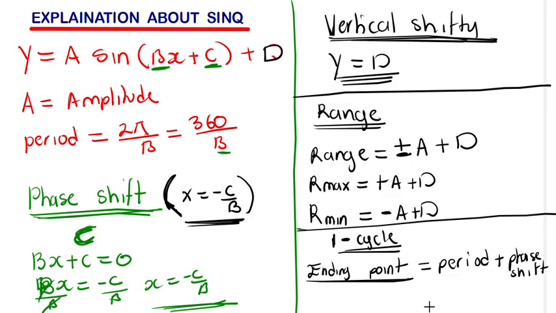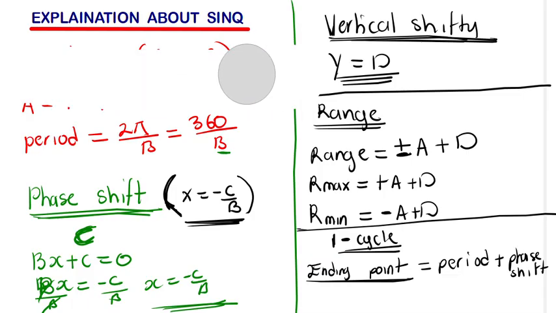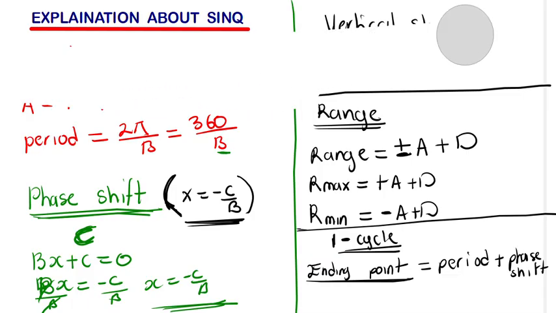If you don't have the vertical shift, we don't use anything on the range; we just use the amplitude that you have been given. Then the ending point of one cycle is the period plus the phase shift.